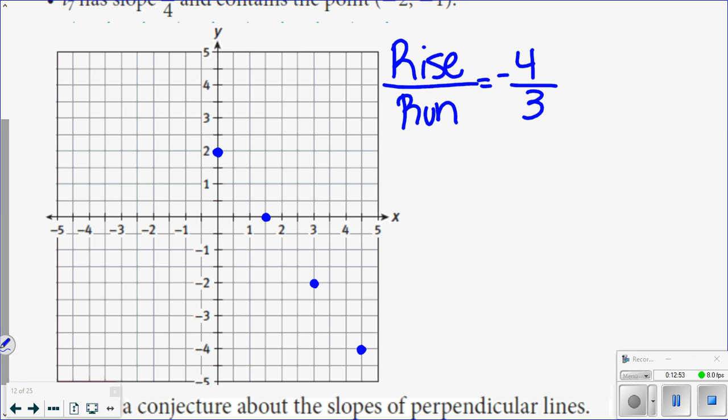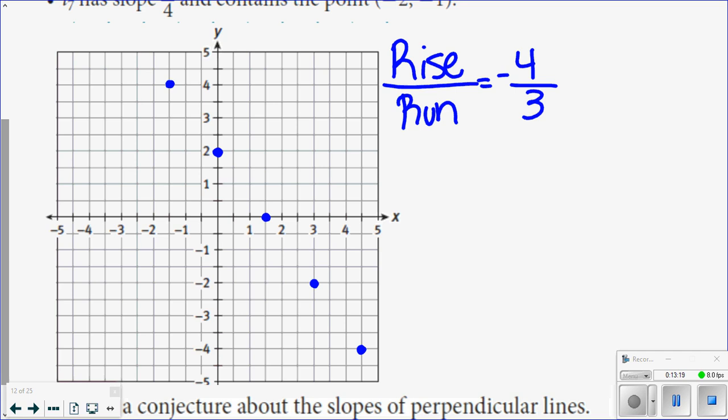Now I'm going to go back to my y-intercept (0, 2), and go the opposite direction this time. So I'm going to go up 4, left 3. I can't go up 4, left 3 anymore because I'd be off my graph.